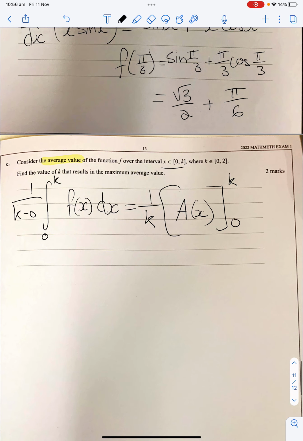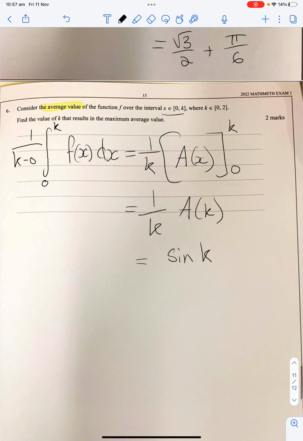So we're just left with 1 over k, a of k, which will be sine k. Then we're asked to find the value of k that results in a maximum average value. So what value results in sine being at a maximum? That is pi on 2.